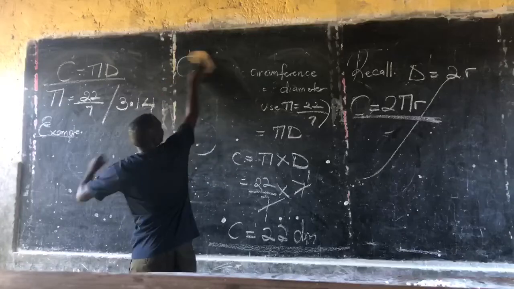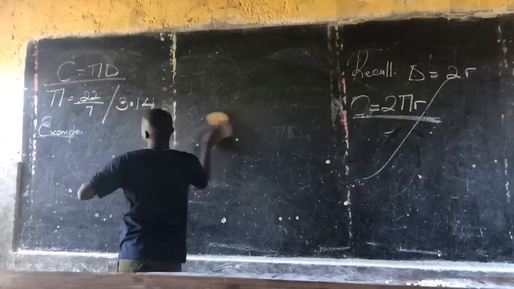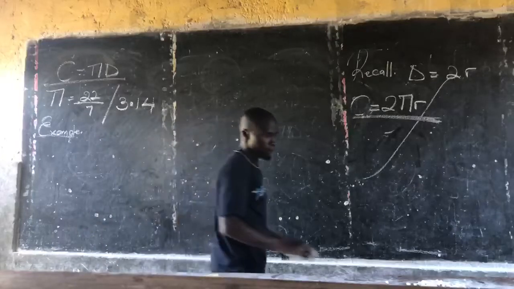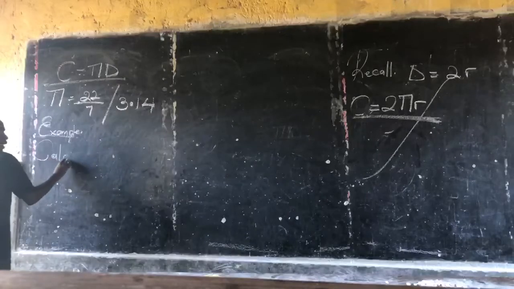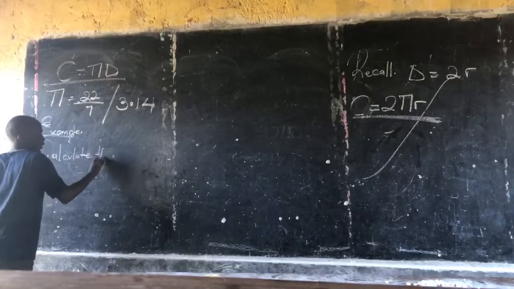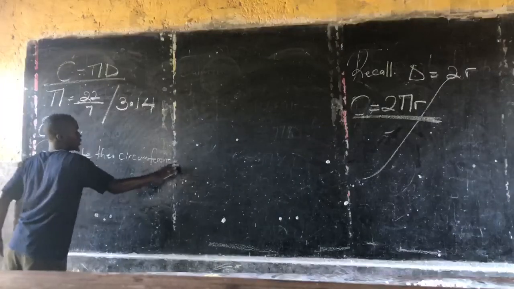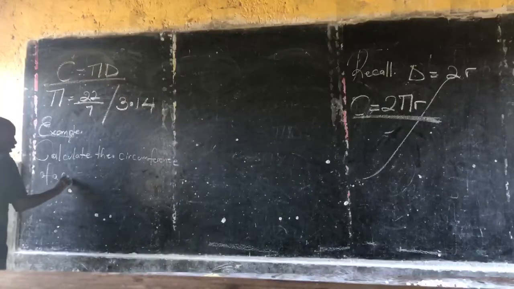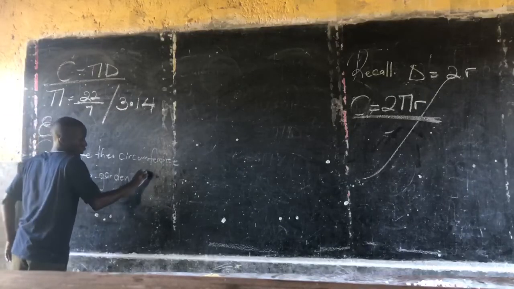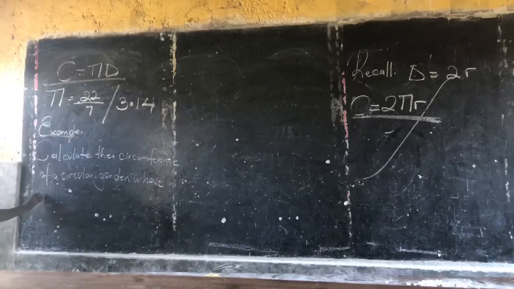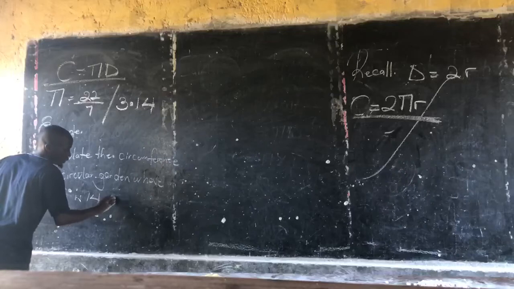Example 2. Calculate the circumference of a circular garden whose radius is 14 millimeters.